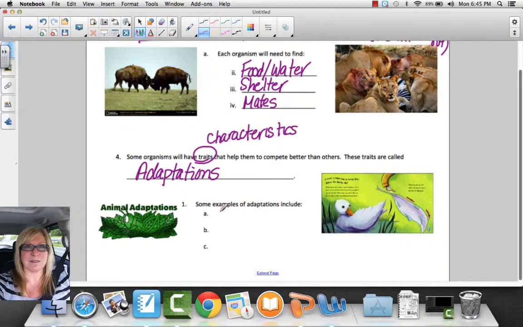So some examples of adaptations are camouflage, blending in with your environment. That allows you to survive. See the grasshopper in the grass here? Maybe webbed feet, like ducks. Maybe longer beaks, depending on what kind of food you need to pick up. So those are just some examples of adaptations.